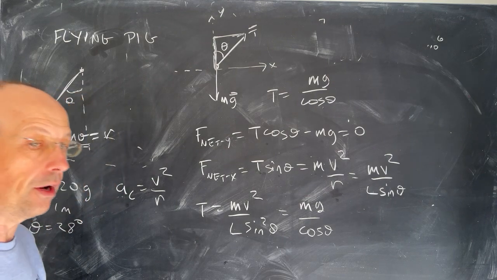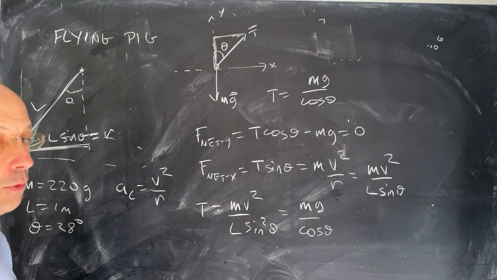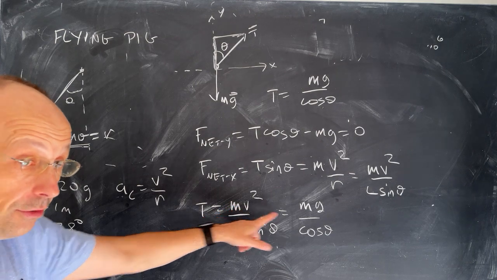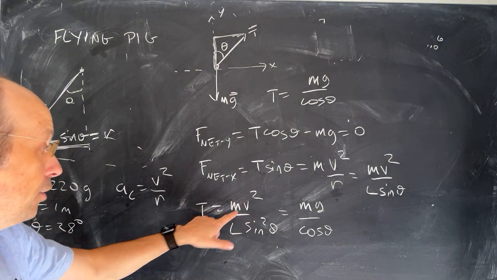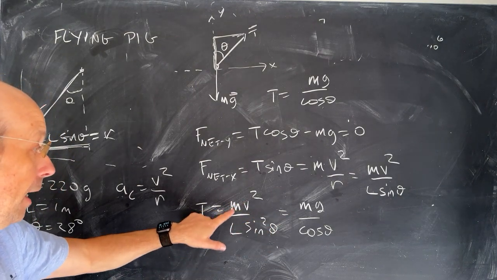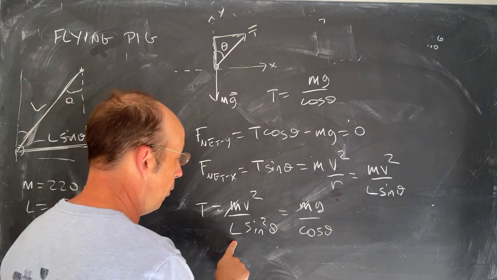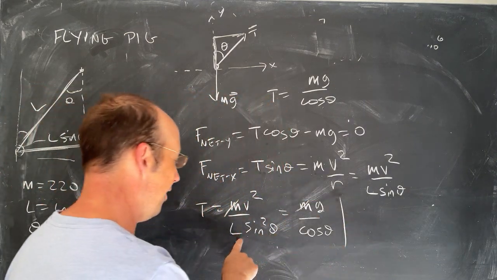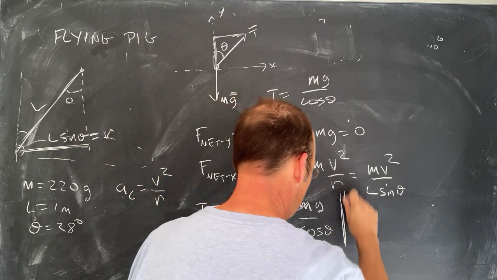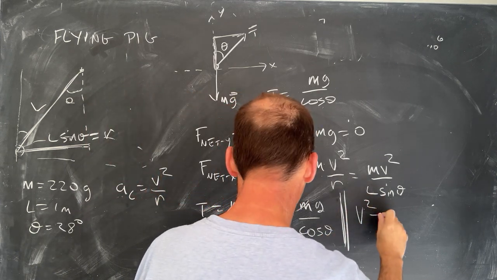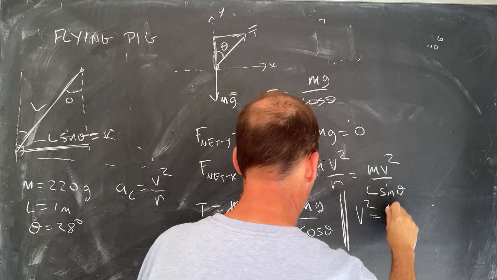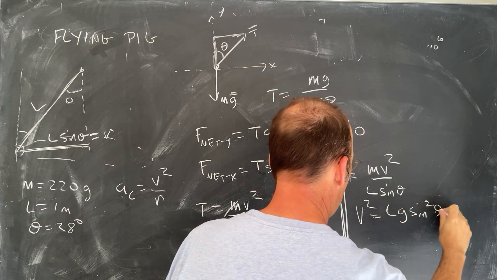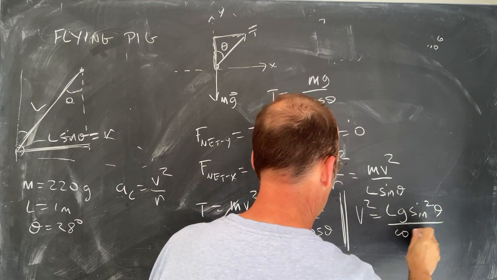And so we get a little weird thing here with cosine theta and sine squared theta, but I'm just going to leave it. The mass does cancel. You'll notice it doesn't depend on the mass. So I can solve this for v squared by canceling the mass, multiplying both sides by L sine squared theta. So that's my little v squared is going to be equal to L g sine squared theta over cosine theta.